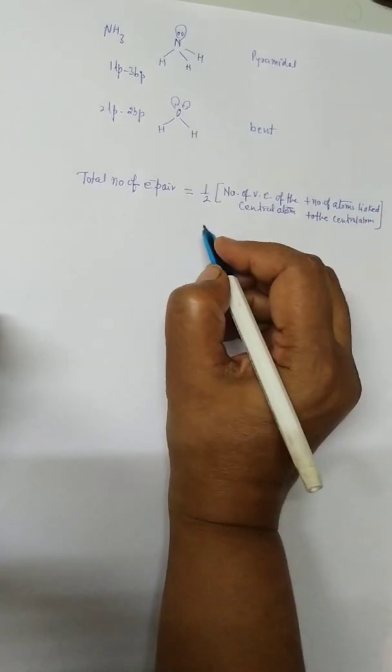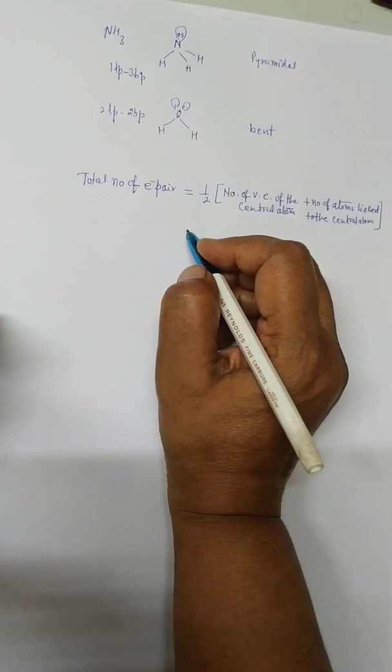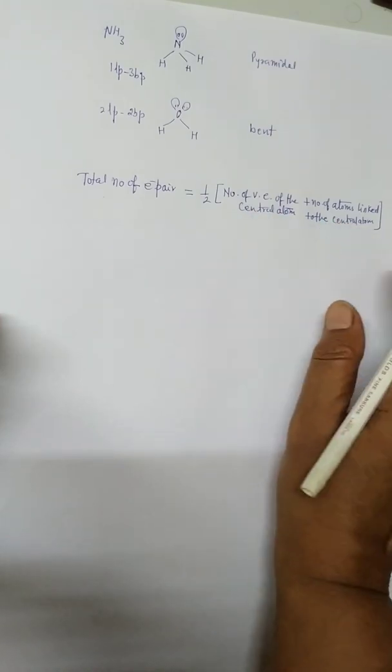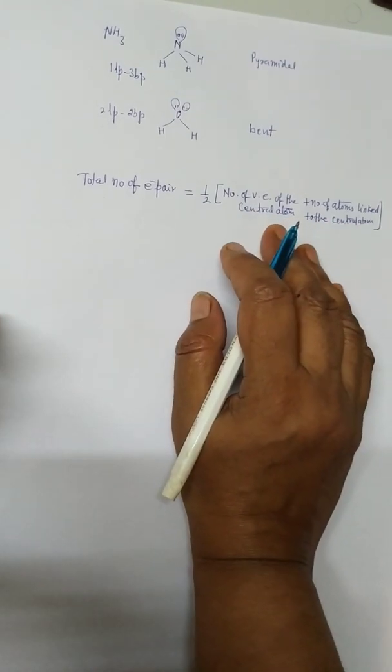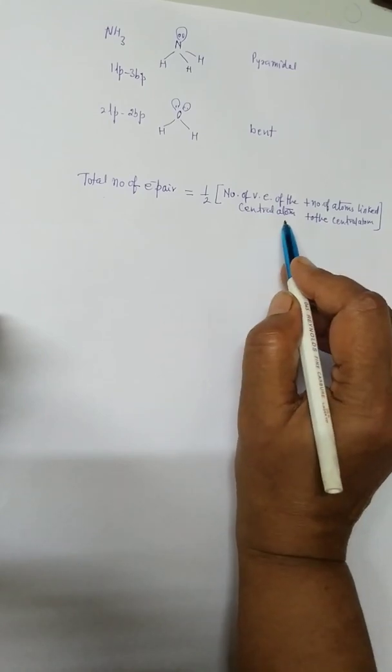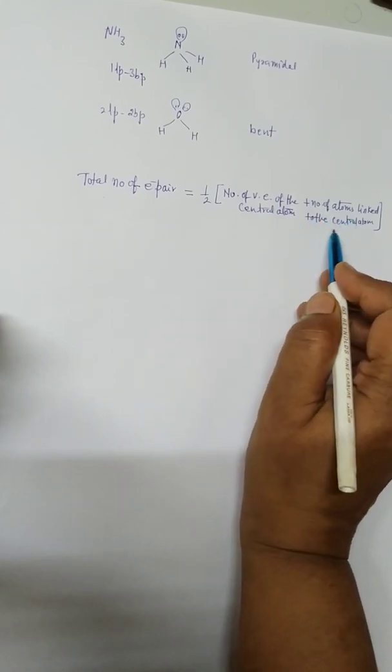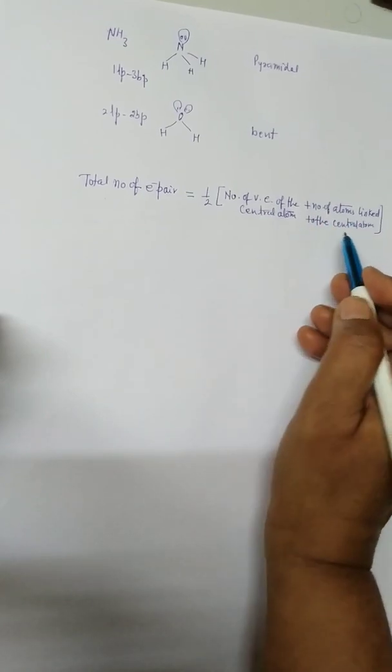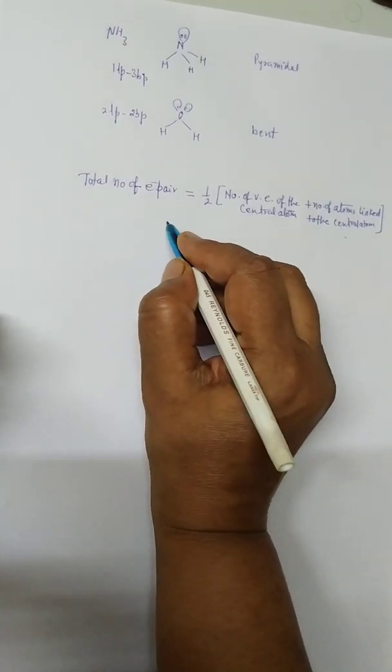So no need of mugging up here. You can just put the values here for the number of valence electrons of the central atom and the number of atoms linked to the central atom. And one more thing is there.